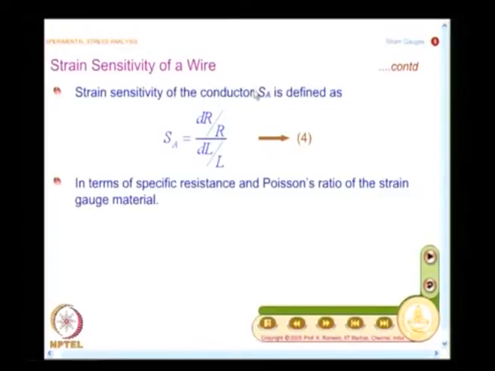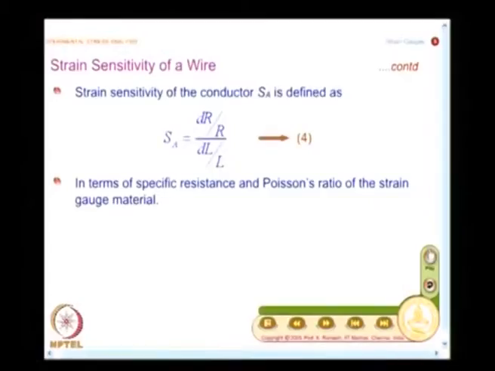Note the way it is written, S suffix capital A, and we define S_A as the ratio of dR by R divided by dL by L. So, if I have a strain and S_A is around 2, you are going to measure changes in resistance of the order of micro ohms. So, you are really looking at very small changes, never forget that.